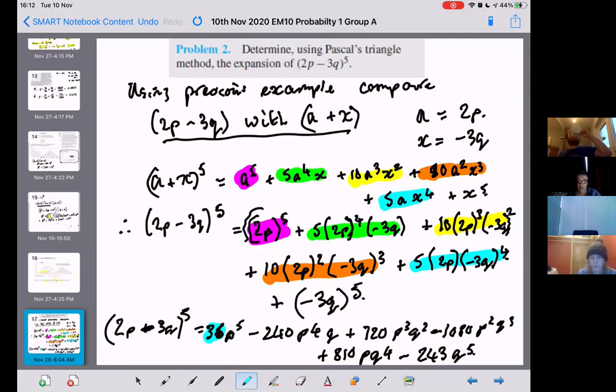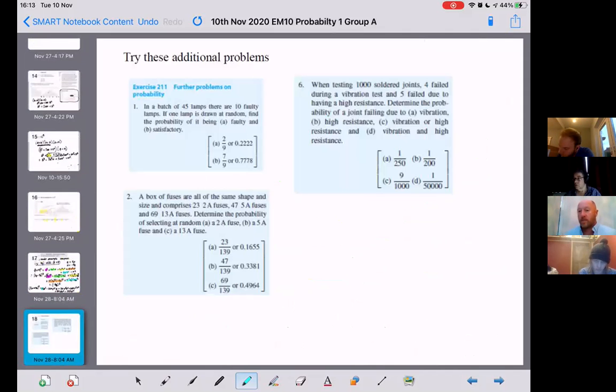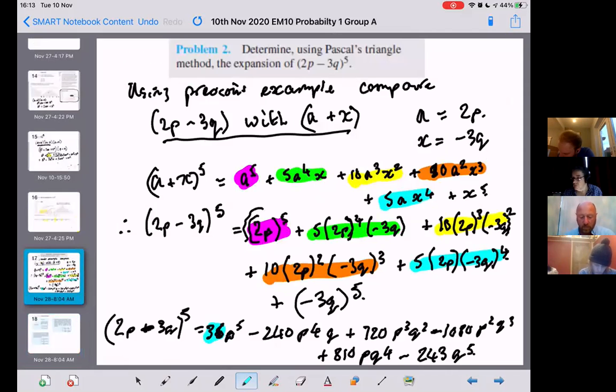This 240 is 2 to the power of 4 times 5 times minus 3. I hope. 2 to the 4 times 5 times minus 3.